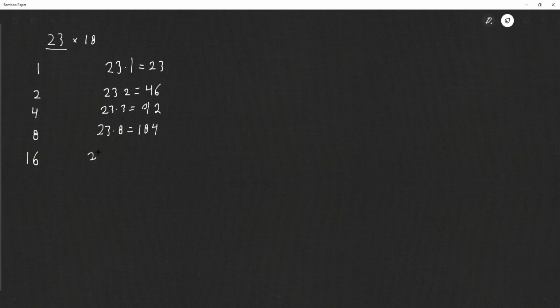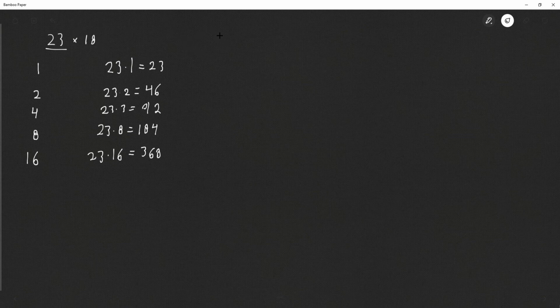And finally, 23 multiplied by 16, which gives us 368.